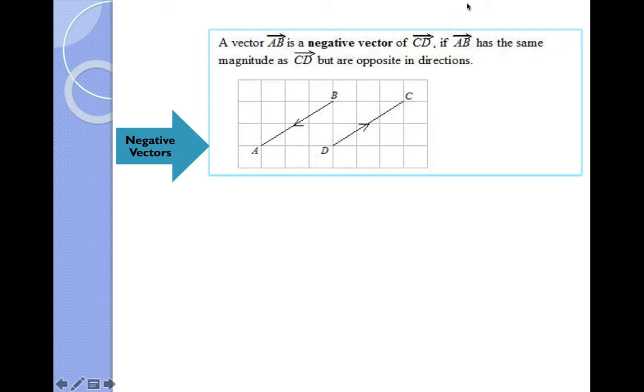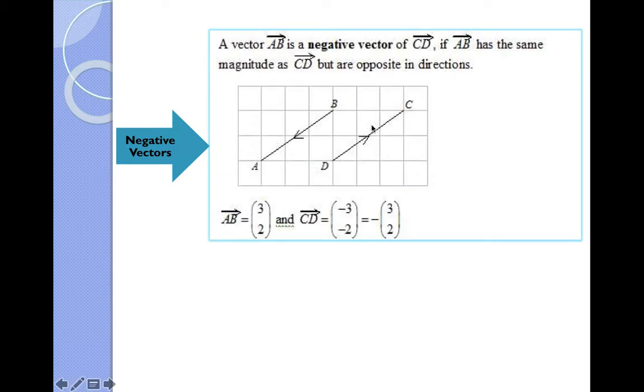You can see that from the arrow. Vector AB and vector CD have different directions. I have given you the components of vector AB, that is 3 to the right and 2 up.